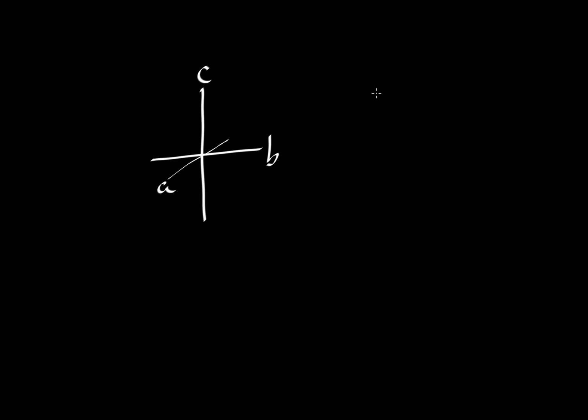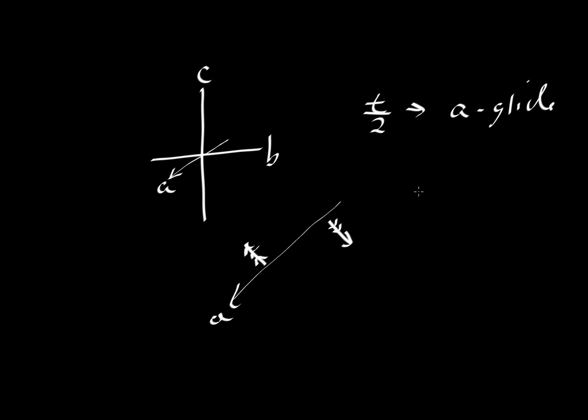If that translation distance t 1/2 happens in the a direction, so let's say we're moving here, then that would be an a glide. So we can take that a axis, let's blow it up over here. Let's say our tree laying on its side was here, we reflect it and move it over here. So we're moving it along that a direction, and that would be an a glide.